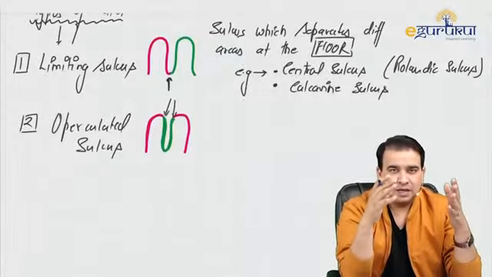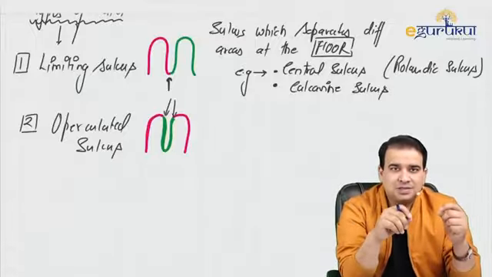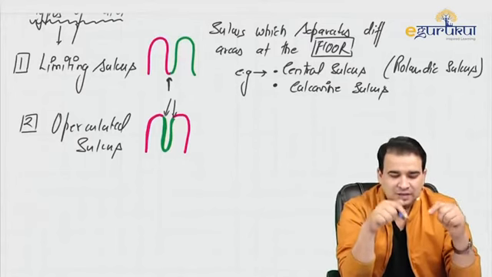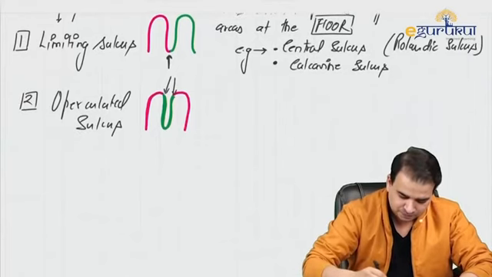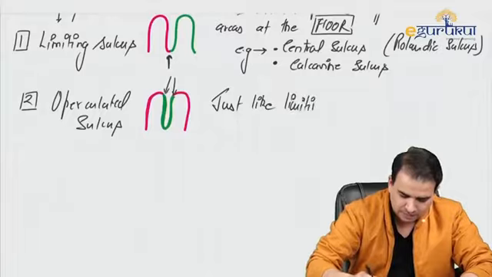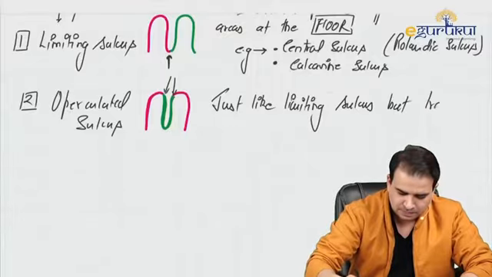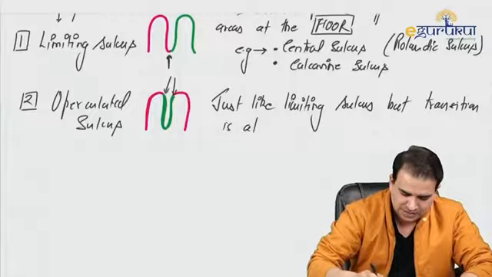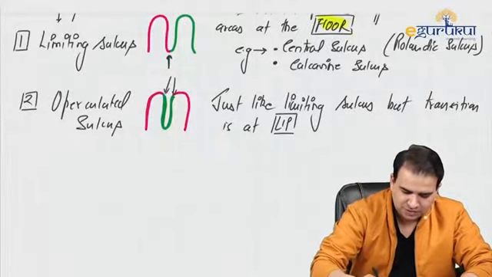So basically, operculated sulcus are just like limiting sulcus, but the difference is their transition is not at the floor. The transition is at the top, at the lip. There the transition was at the floor, that was the key thing.